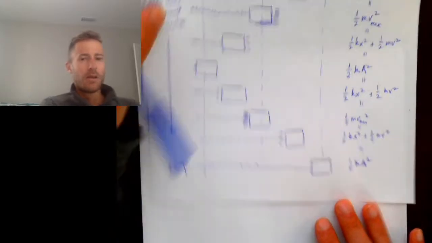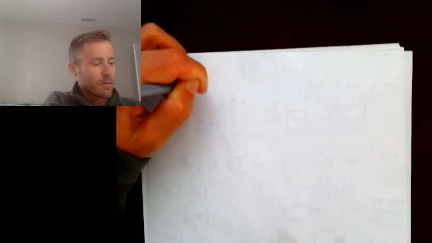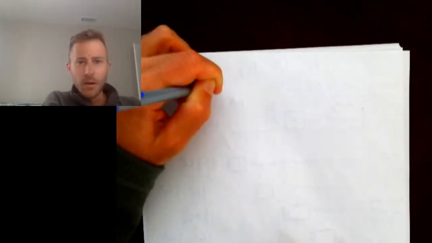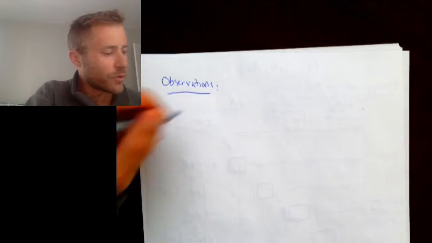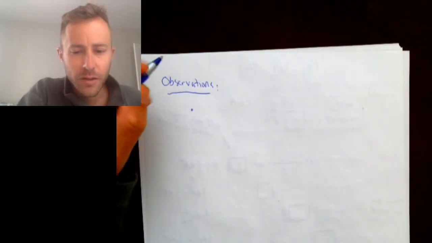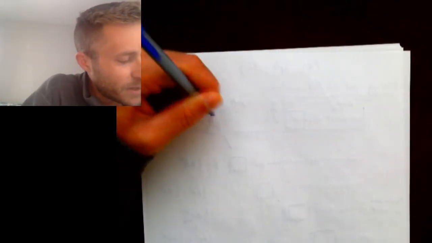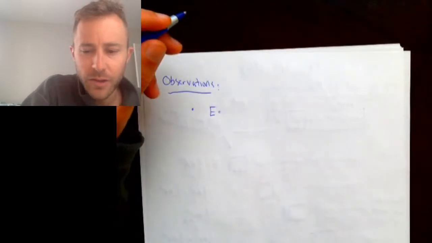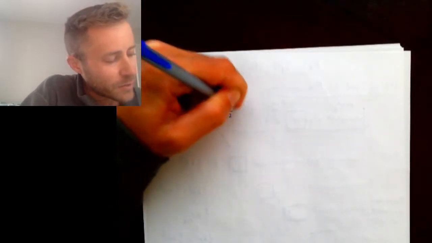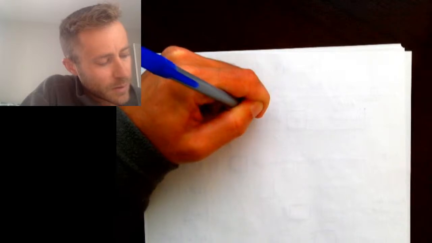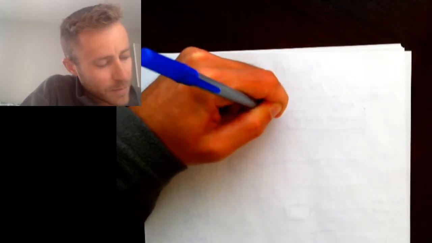Okay? So let's go ahead and make some observations about this really quick. The first observation is just the energy. The energy consists of elastic potential and kinetic.